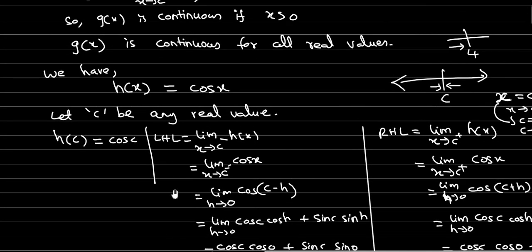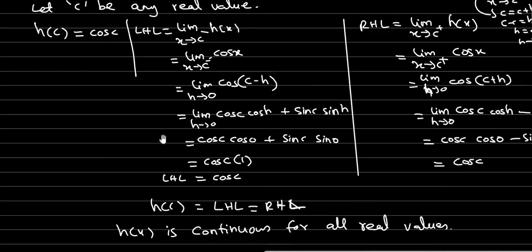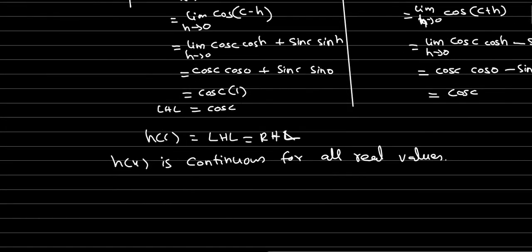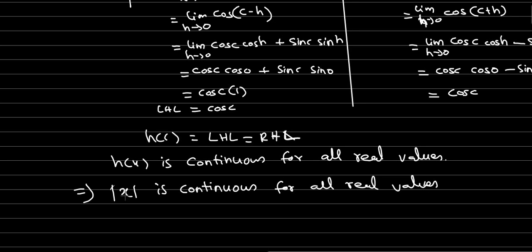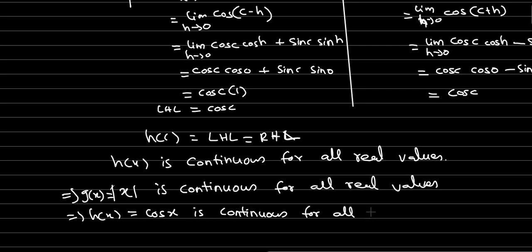So what functions have we proved continuous here? One is g of x and the other is h of x. Let me write that. Here g of x, that is the modulus of x, is continuous for all real values. Next we proved h of x equal to cos x is continuous for all real values.